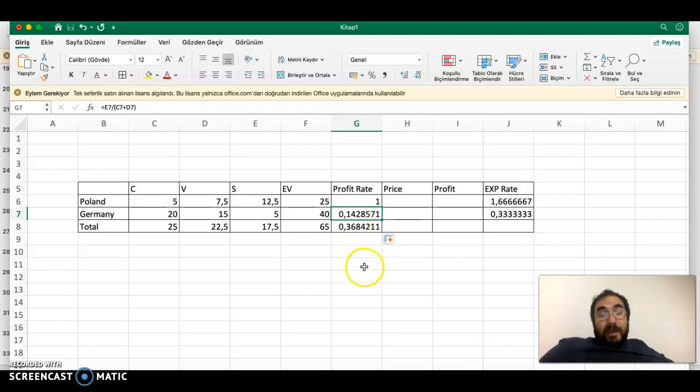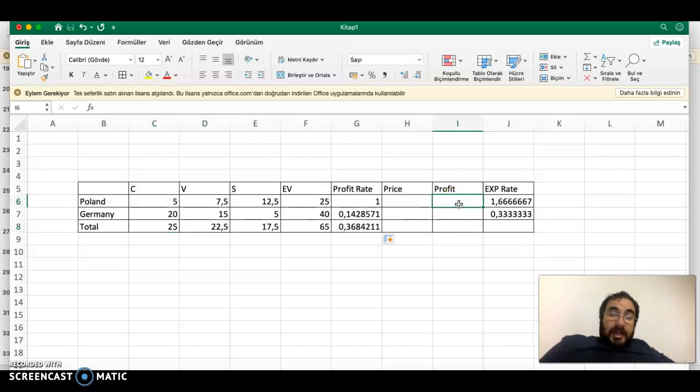So when capital is mobile, it will flow from Poland to Germany, or from Germany to Poland, up to the point when the profit rate becomes equal in both countries, at 36.84%, since this is the global profit rate, the profit rate in Germany and Poland together, when we add up surplus values and the amount of capital used in both countries.